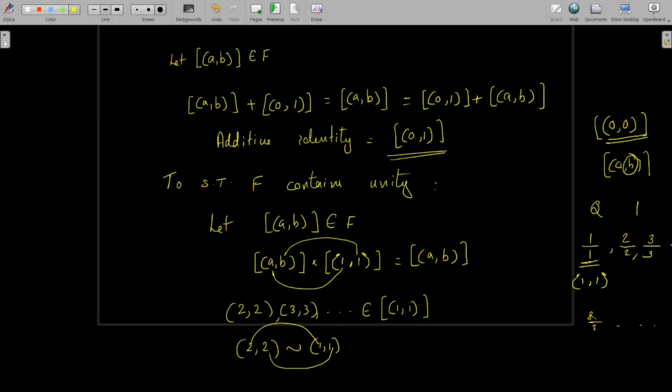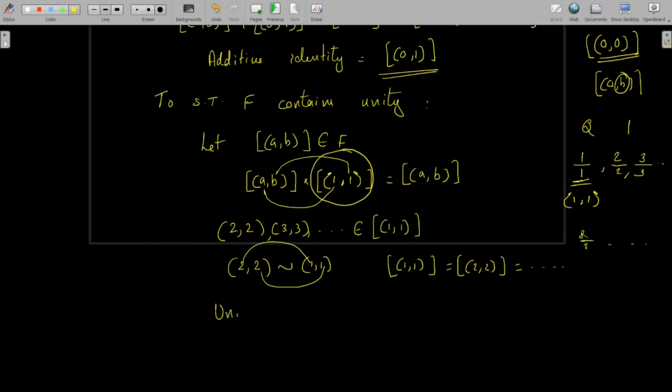In other words, these pairs are equivalent to the pair (1,1). So, viewing them as elements of F, the equivalence class of (1,1), the equivalence class of (2,2), etc. are all equal. For our convenience, we will consider the equivalence class of (1,1) as the unity element in F. Therefore, the unity or multiplicative identity in F is the equivalence class of the pair (1,1).